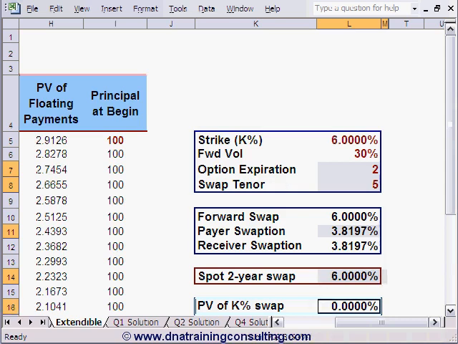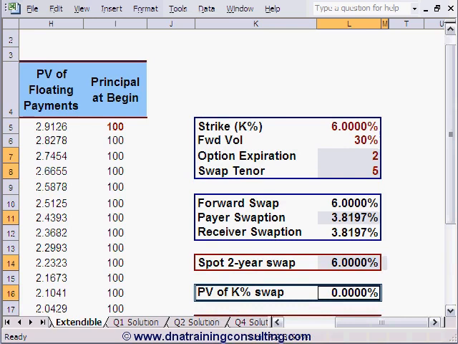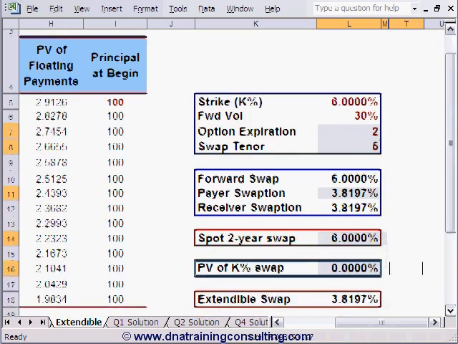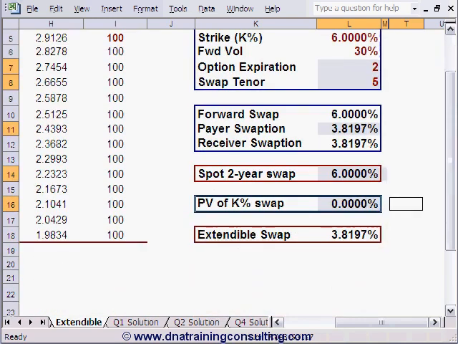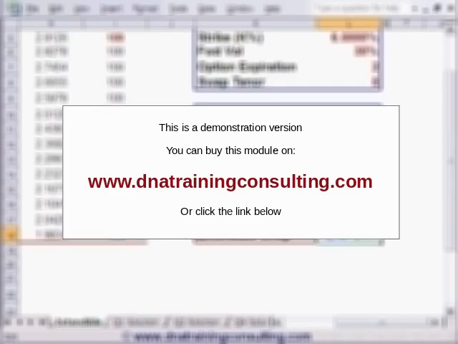Then in cell L16, down here, the PV of this off-market rate swap. And finally, in cell L18, the sum of the swaption premium plus the PV of the off-market rate swap, which combined together become the extendable, and whose NPV will be set to 0 in just a moment to solve for the correct value of K%.